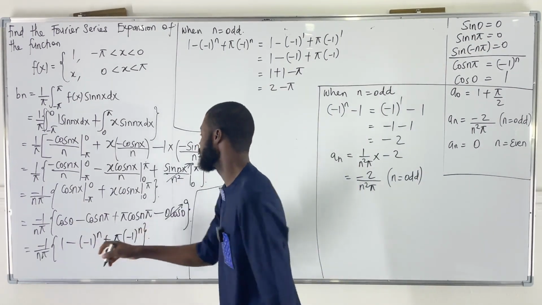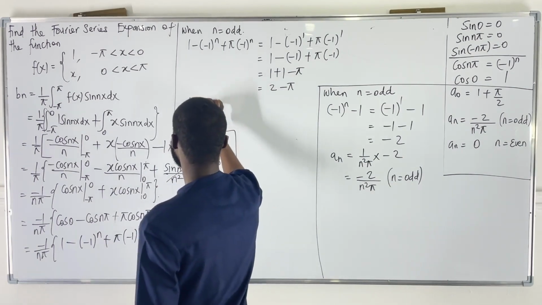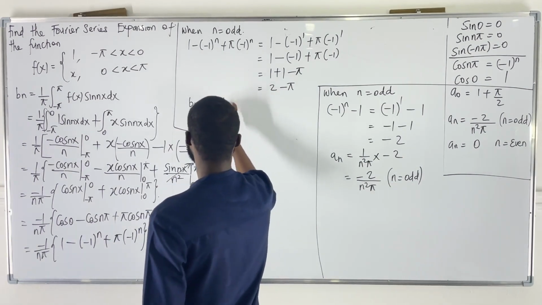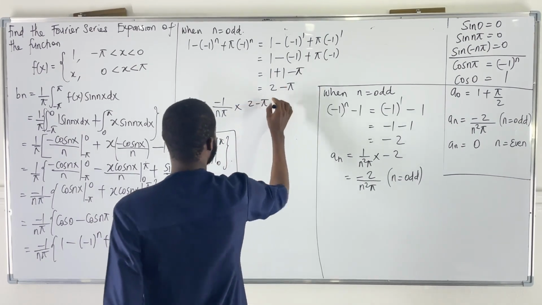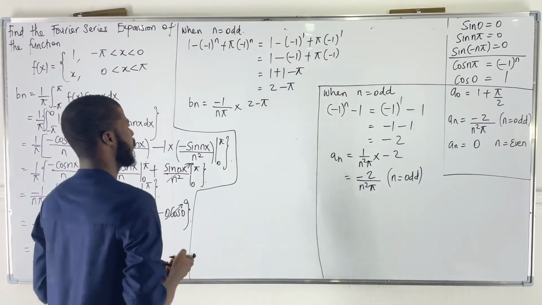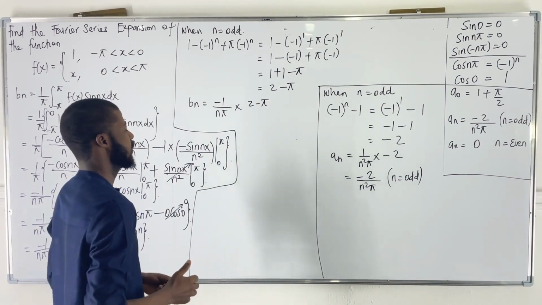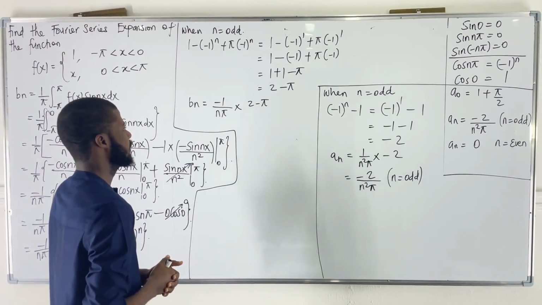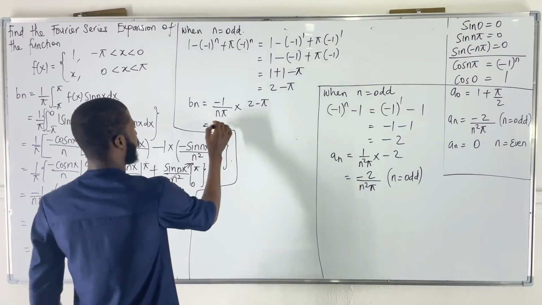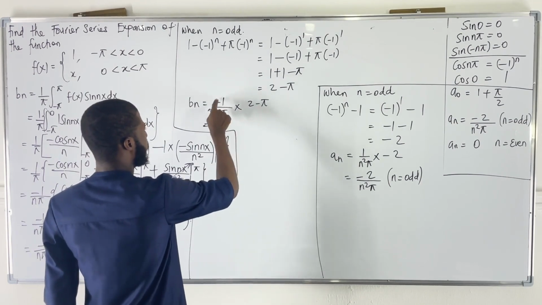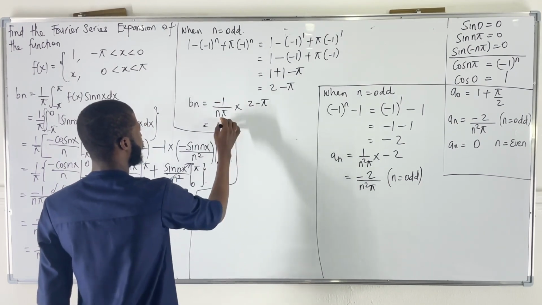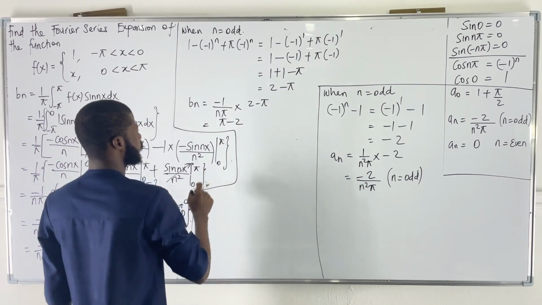So let me come back to this. This means that b sub n would become minus 1 over n pi times the bracket, which is 2 minus pi. When you multiply the top, minus 1 times 2 minus pi gives me pi minus 2.